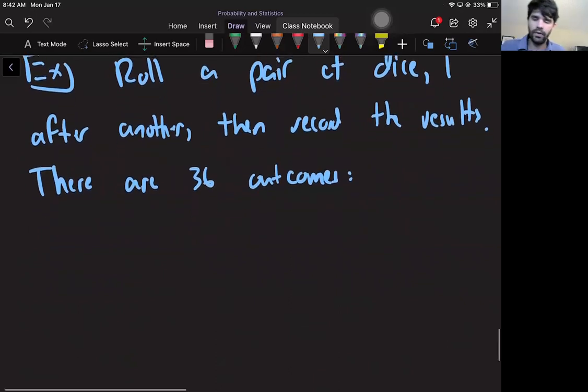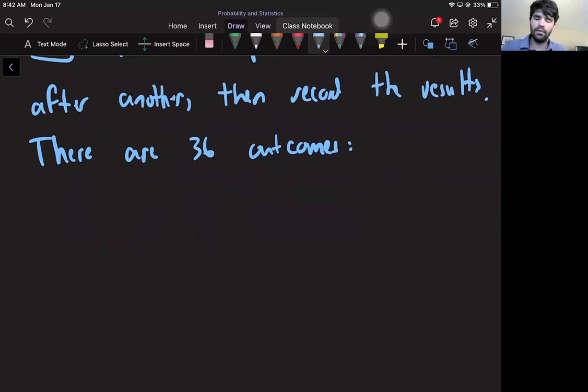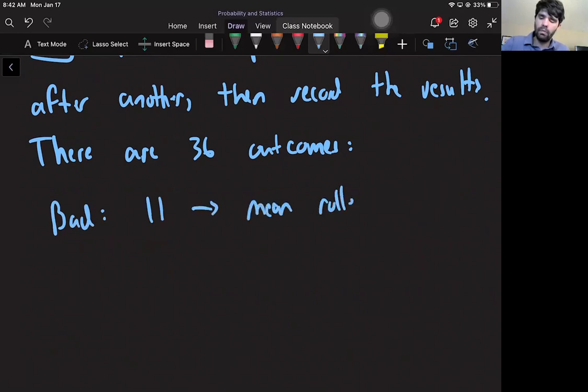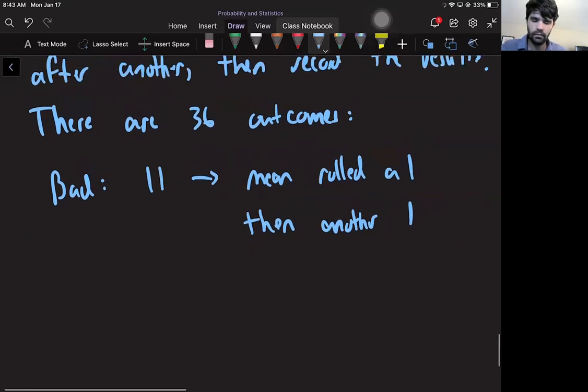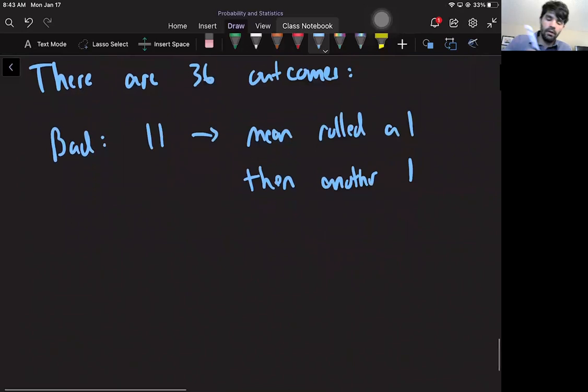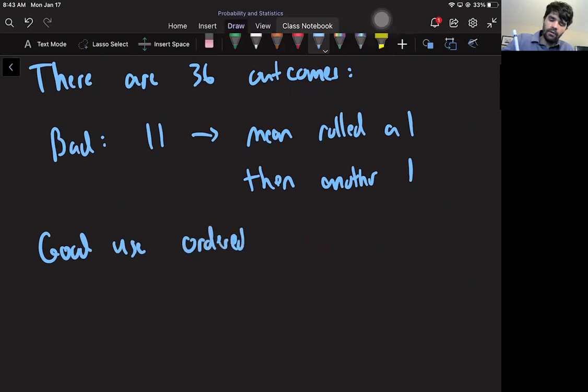So last time when I had one thing after the other, what I did was just write the letters to represent the 2 things. So I wrote HH to mean heads, then heads. So here I'm not going to write 1, 1 to mean I rolled a 1, then another 1. Why is that bad? Well, because it looks like 11. So it's not going to be clear what the outcomes are if I use this as my notation. So instead, let's just use ordered pairs so that things are more clear.